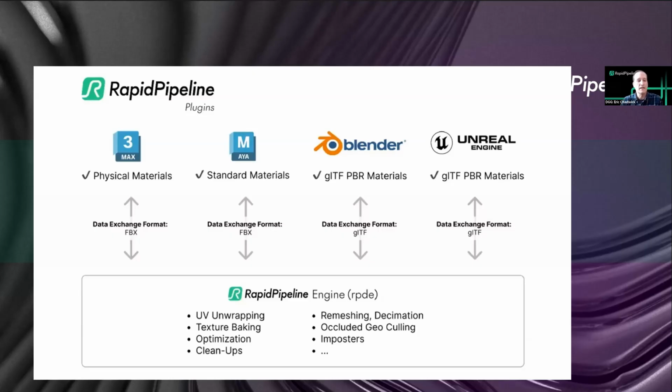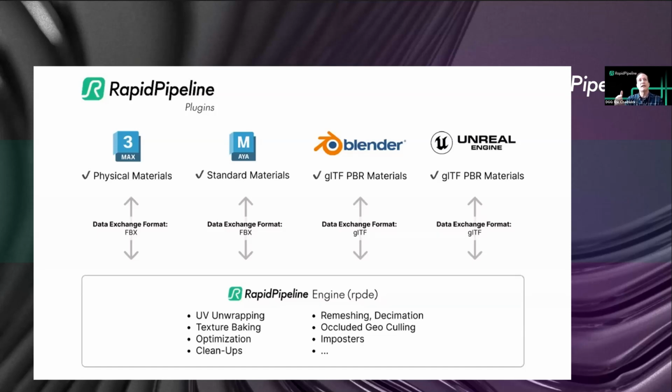It makes it really easy, and it's not onerous to get them between different applications because it's all sharing this core engine that runs in the background. That's what the Rapid Pipeline engine is. It's basically a command line tool that runs in the background behind these applications.